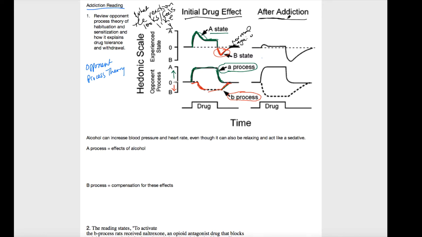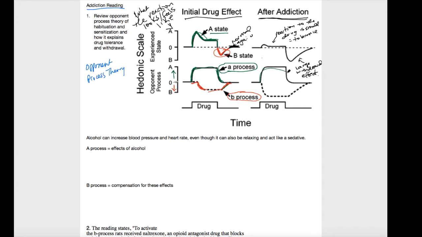Now, after much experience using the drug and addiction has kicked in, notice the person's reaction is really small. So there's a large amount of tolerance. But at the same time, there's a large withdrawal effect. When the person's not on the drug, things don't feel quite right. And we can explain that as well with the A and B underlying processes. Notice the A is identical.